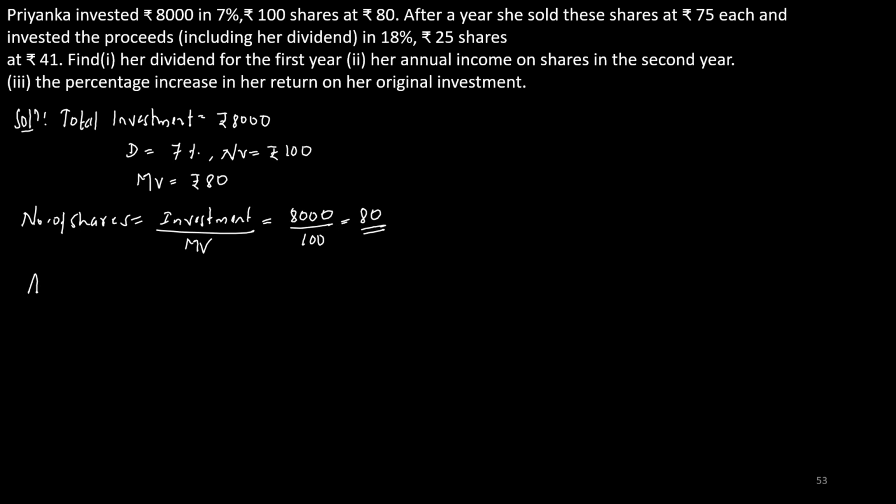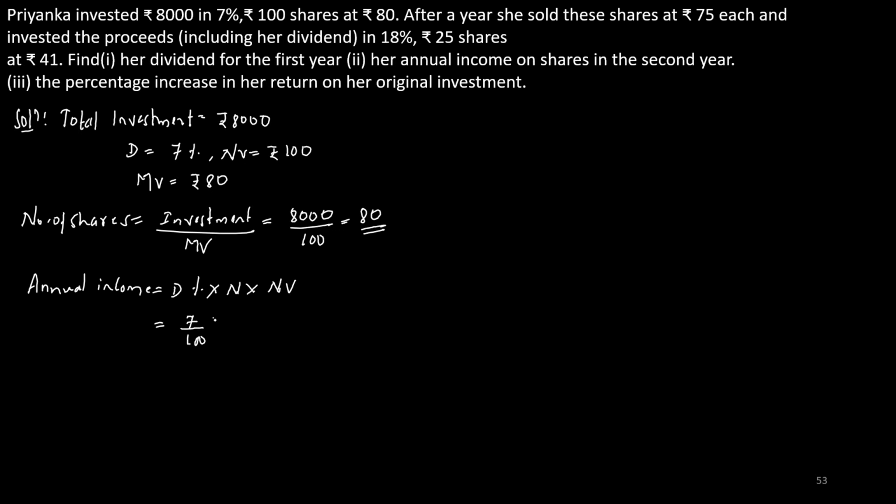Now annual income. You know the formula: rate of dividend into nominal value into number of shares. Clear, children? So rate of dividend is given to you, that is 7%.